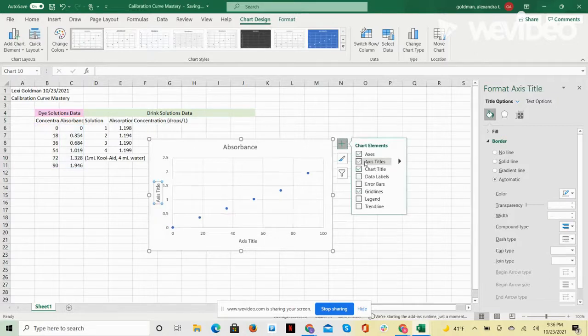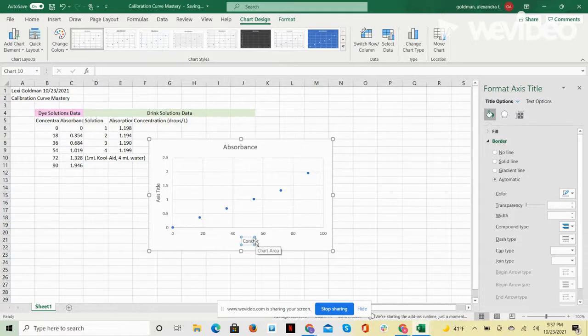Then I must label my axis for concentration, which is the x-axis, and the axis for absorbance, which is the y-axis. After doing that, I can also change the title to include concentration.